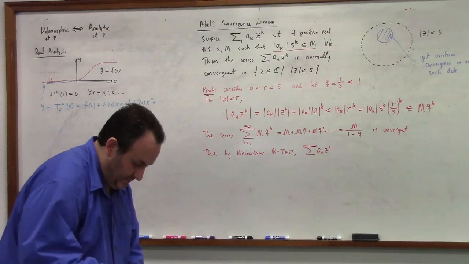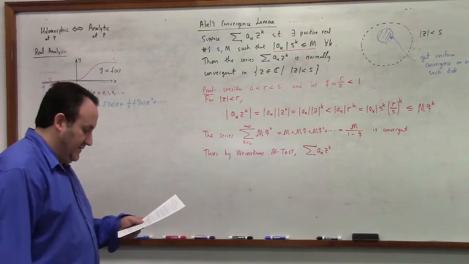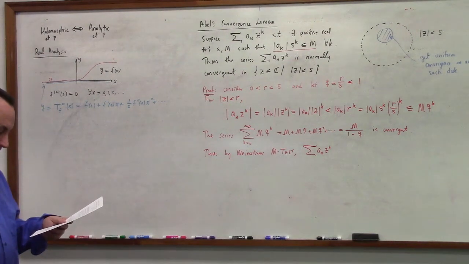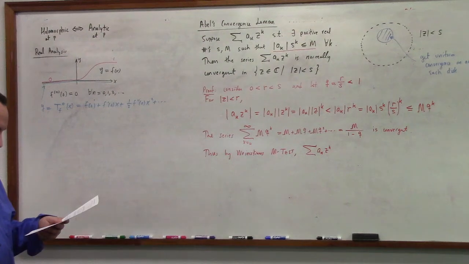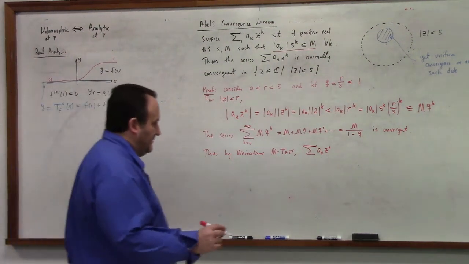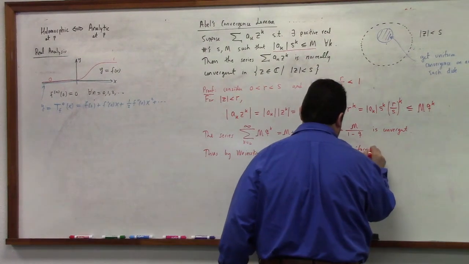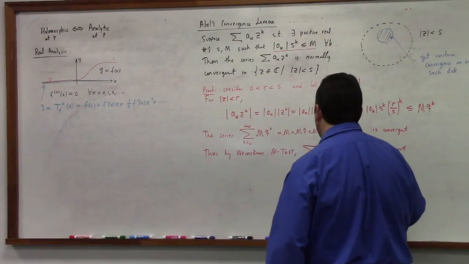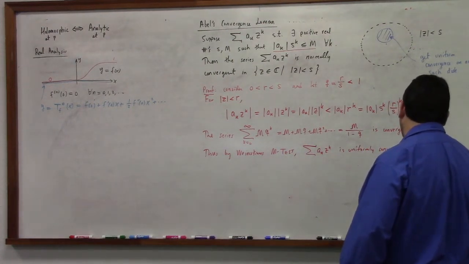I commented that we didn't have the concept of normal convergence when we did Weierstrass's M test back in theorem 5.2.11. So in the statement of Weierstrass's M test, we got uniformly convergent on modulus of z less than r.